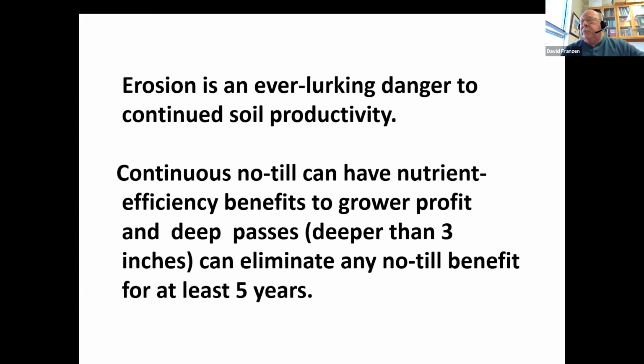The first year after that, you're going to get a burst of mineralization because of oxygen being introduced into the soil, into those little cracks and crevices. And so you'll have some nitrogen release. And so you may still keep the long-term no-till N credit that first year.